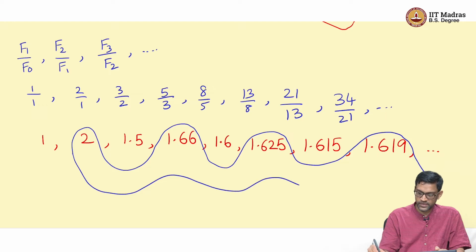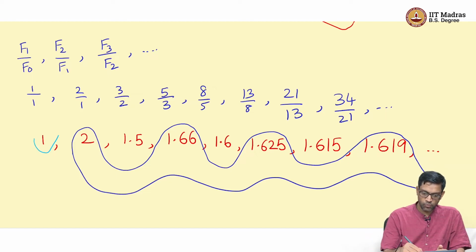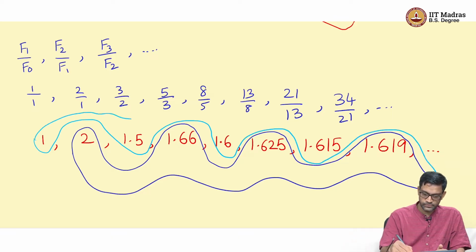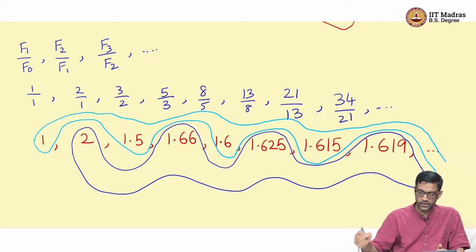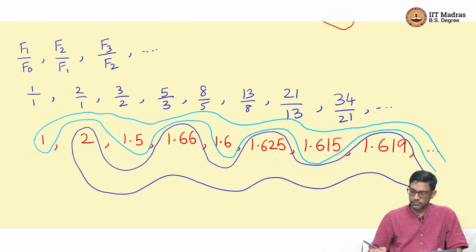So these terms decrease in value as you go along, and the other sequence of terms, which is 1, 1.5, 1.615 and so on, increase in value. You can view this as two different sequences, the even ratios and the odd ratios, glued together, and one of them decreases in value, the other increases in value, but it seems like they are slowly converging to something.